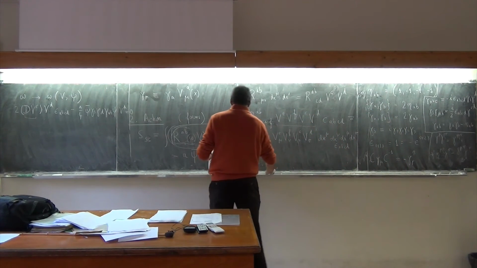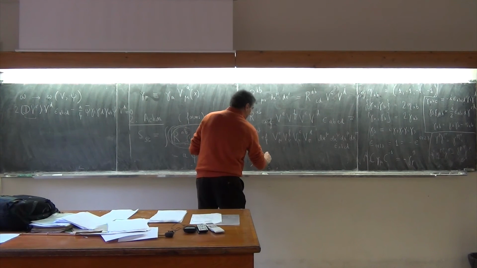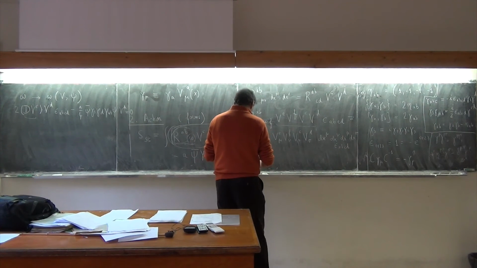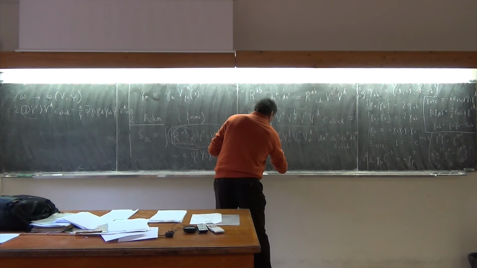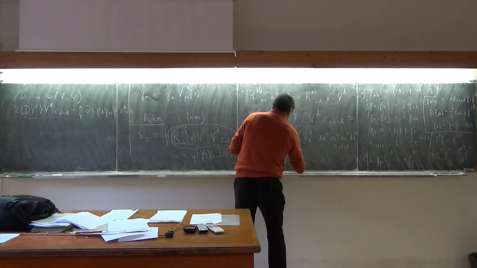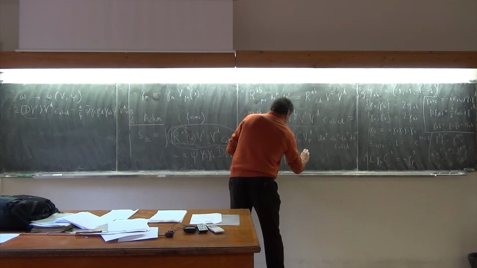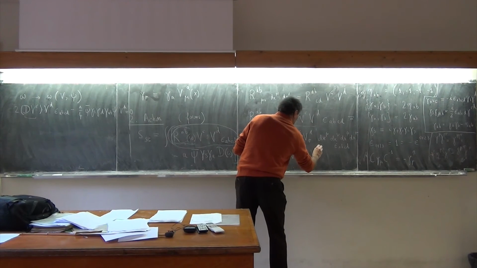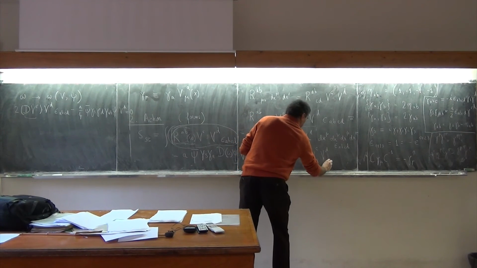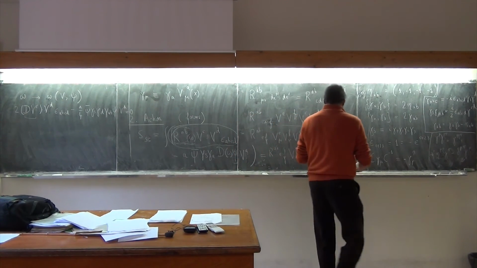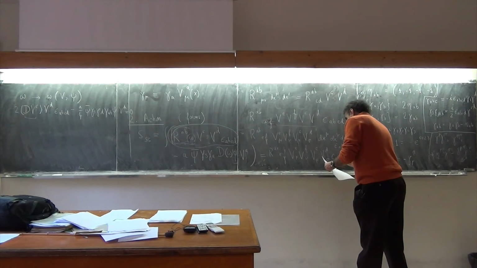Okay, then this is equal to R^AB_EF. You have still this V^F_mu V^C_rho V^D_sigma epsilon_ABCD.